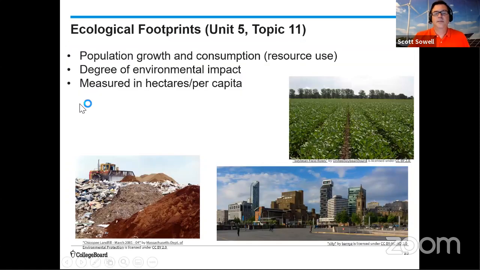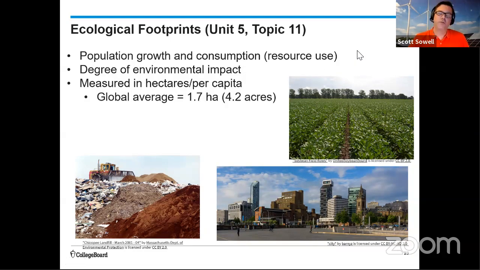So because this is something that we can quantify, it may show up on a data table or a chart. So it's good to look at some actual numbers for this. This is usually measured in hectares per capita, per person. So for example, the global average human being right now uses about 1.7 hectares or about 4.2 acres. The average US citizen though uses 8.1 hectares or 20 acres.